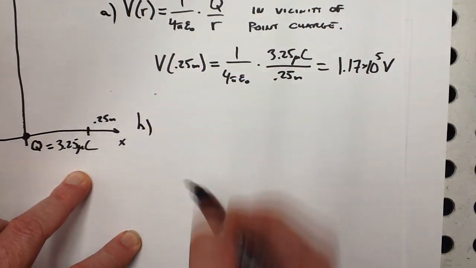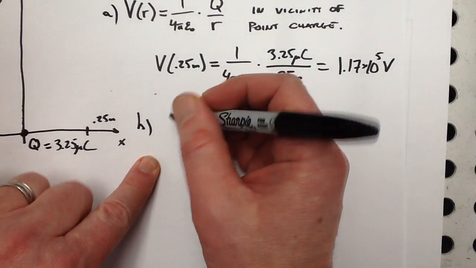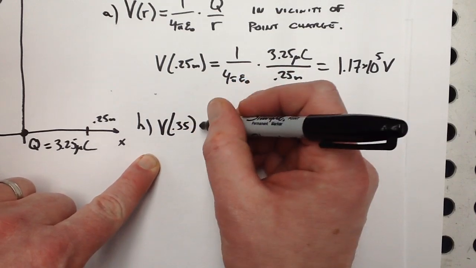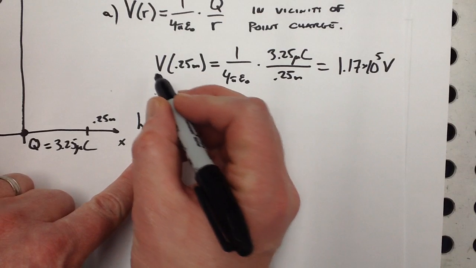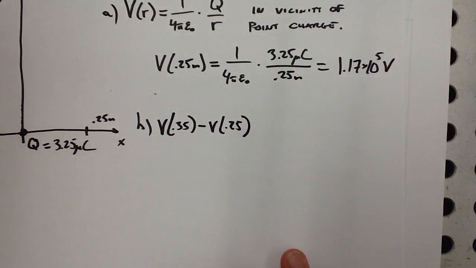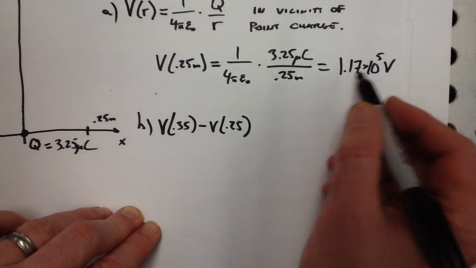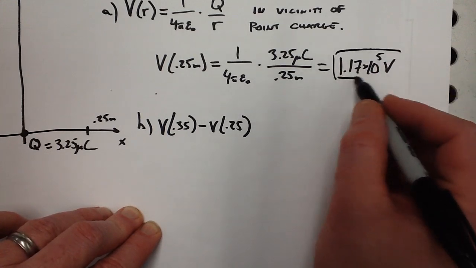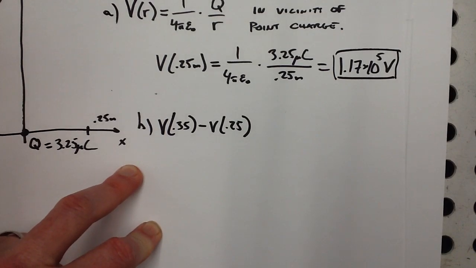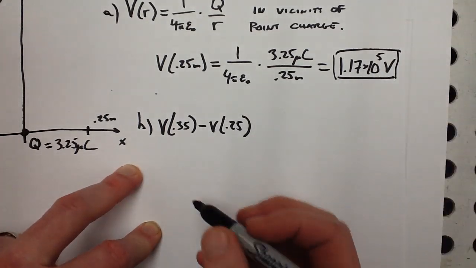Part B, we are going to find the potential difference, which is the electric potential between two different points, between these two. So that is, well, we already found this, didn't we? That's right here, our answer for part A. And so I think we just need to find this. And the process for finding that is exactly the same as it was for finding this.